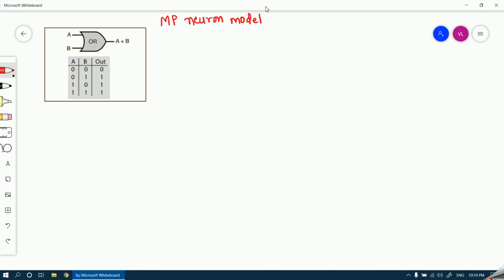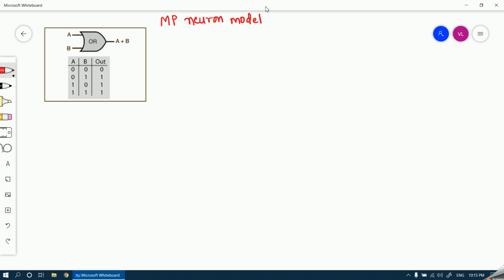So when both inputs x1 and x2 are 1, the output is 1, and that is why for two inputs the value of theta is 2. When we consider three inputs x1, x2 and x3, the value of theta for the AND gate is going to be 3.